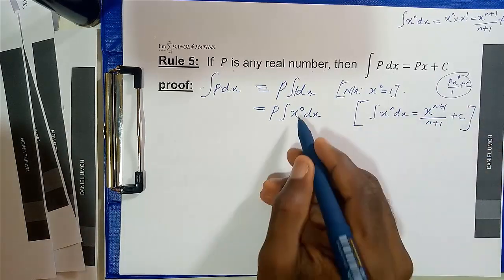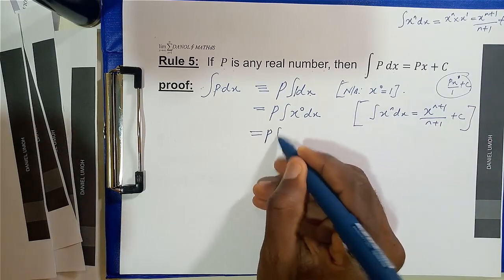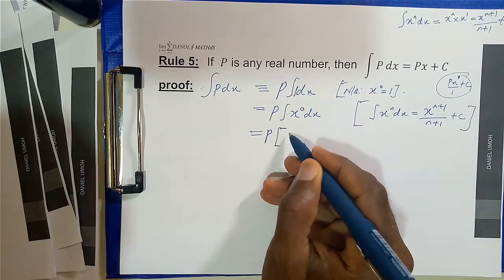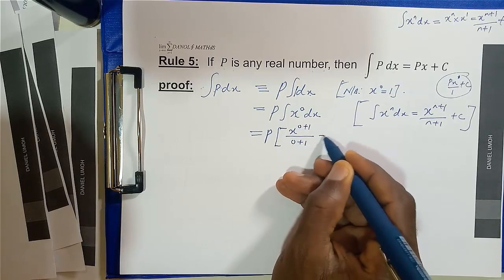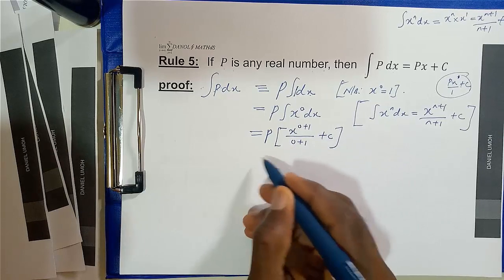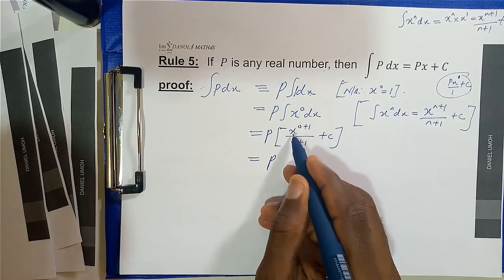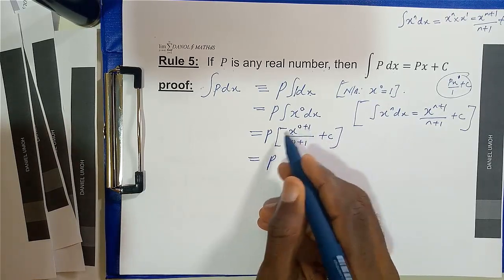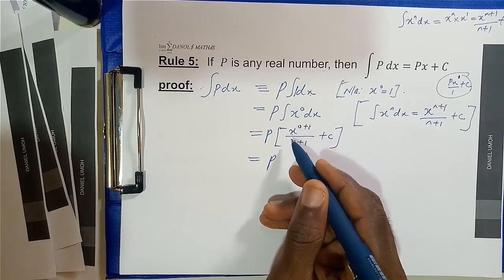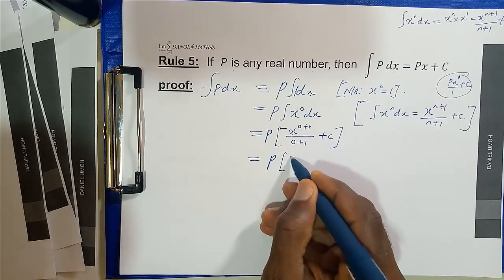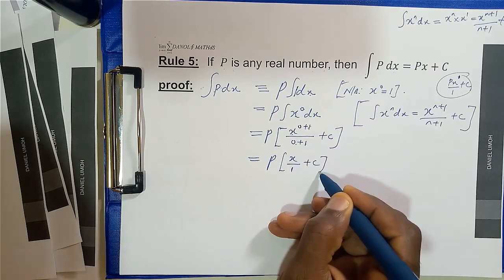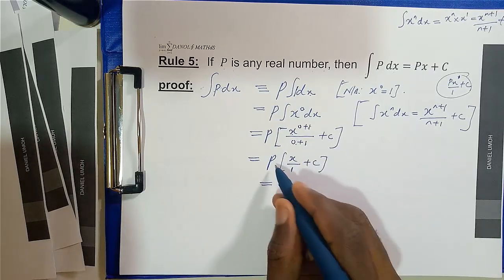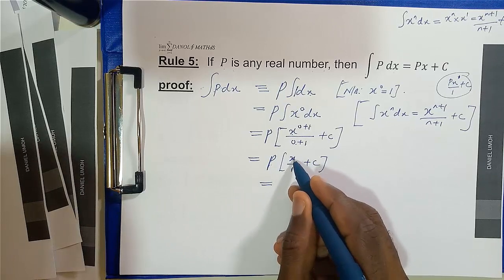So now, this will give me p into x raised to the power of 0 plus 1 over 0 plus 1 plus c. So this will become p times x raised to the power of 1, which is x, over 1, plus c. x over 1 is actually x. So p times x gives me what?